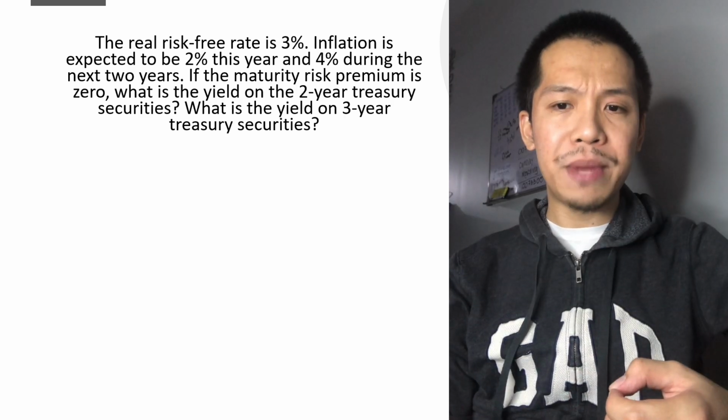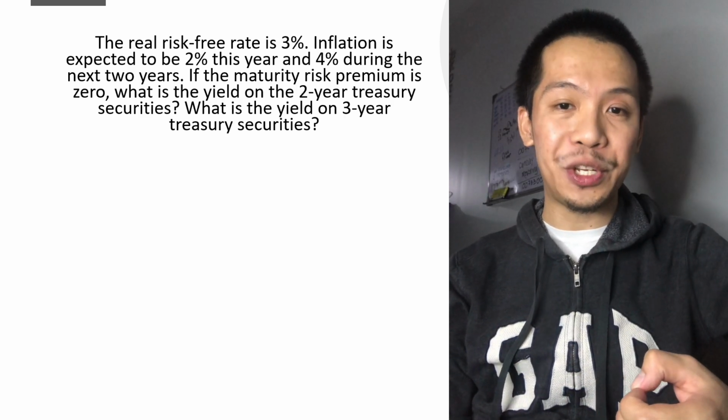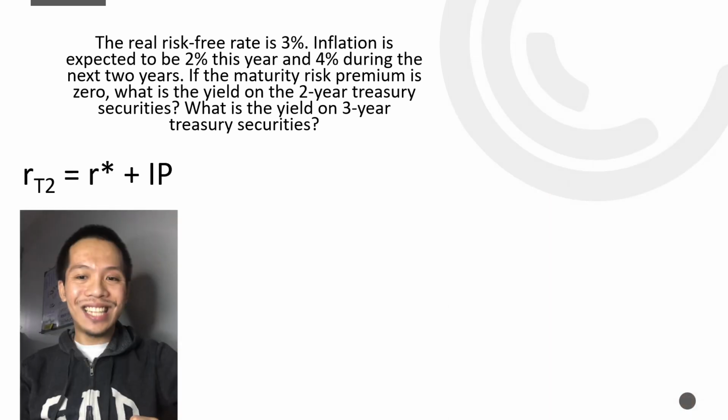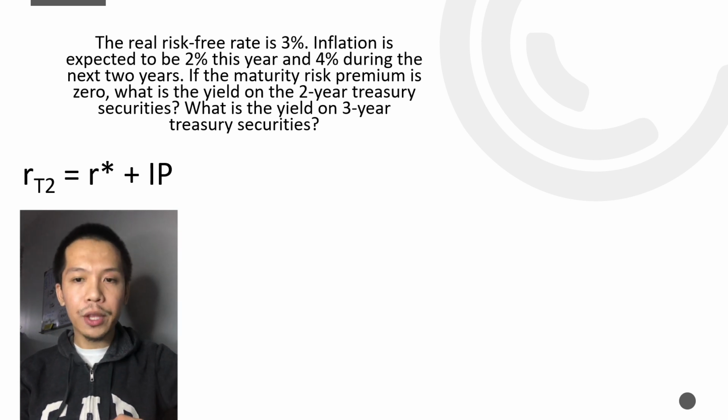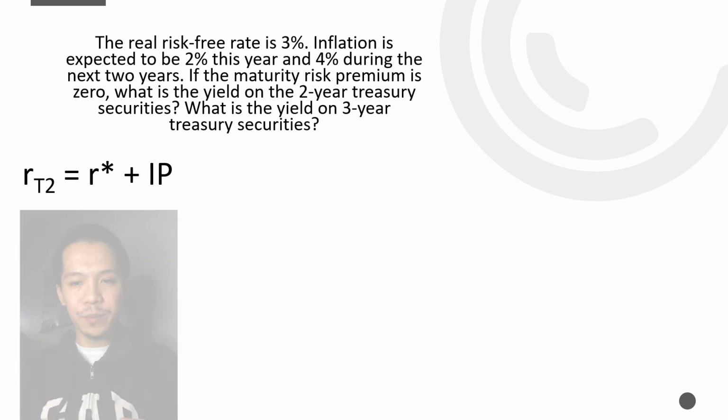So we will determine the 2-year Treasury security rate. This only covers R star, the real risk-free rate, and IP, the inflation premium. Together, when we add the two, we call this the nominal risk-free rate of return, or simply the risk-free rate of return. So let us arrive at R sub T2.